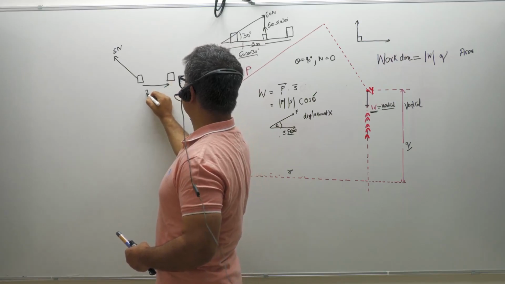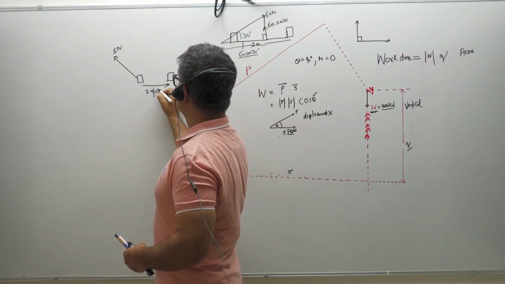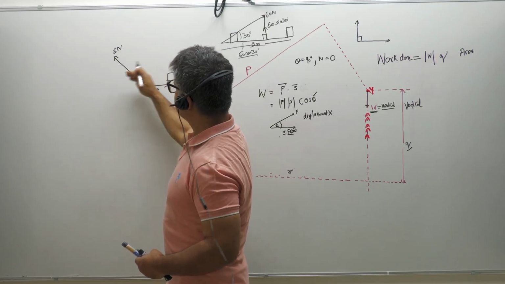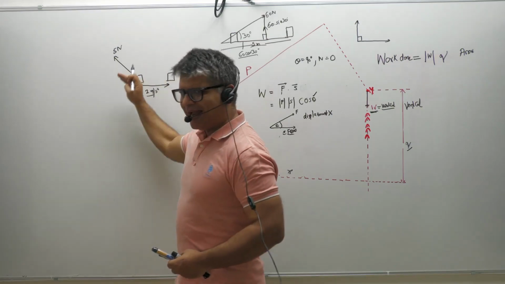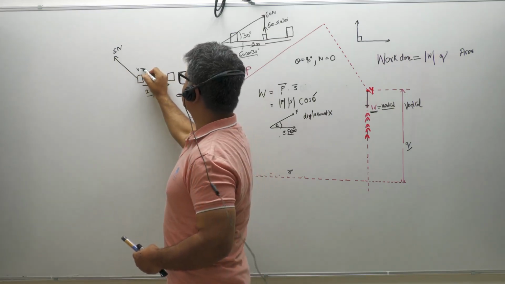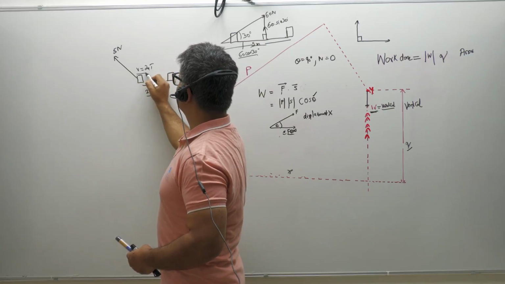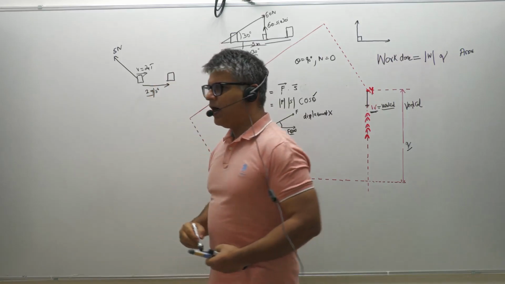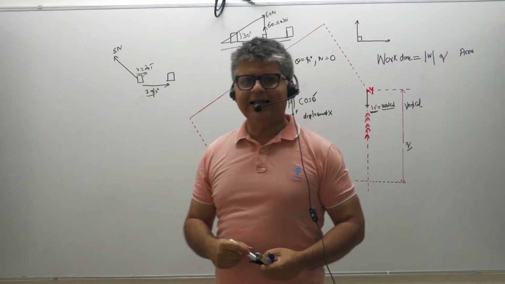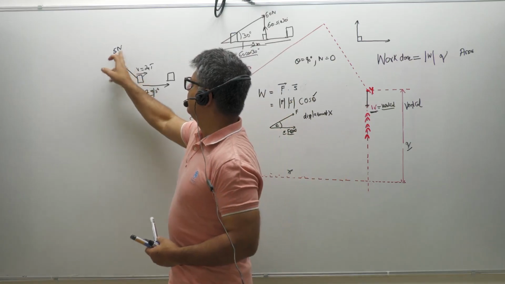So the acceleration of the body was 2 meter per second square. When you started applying the force, the initial velocity was 2 meter per second in this direction. How much work is being done by this force?